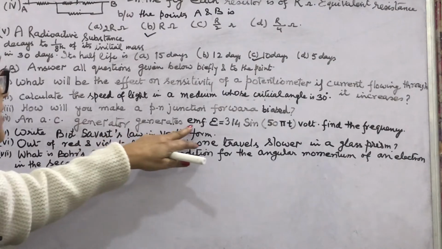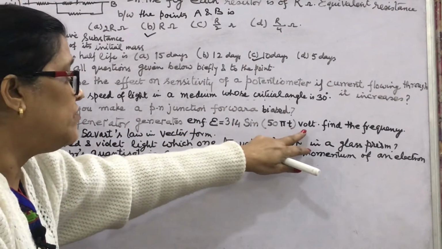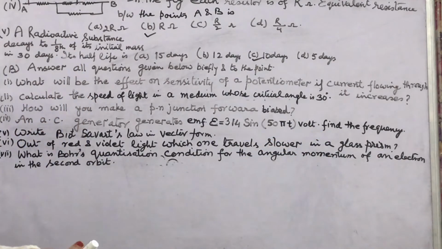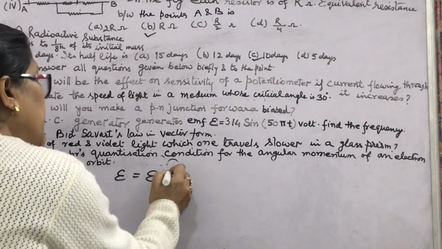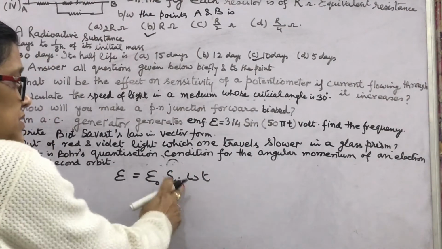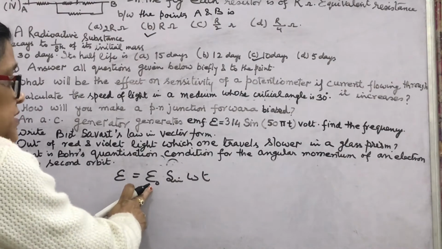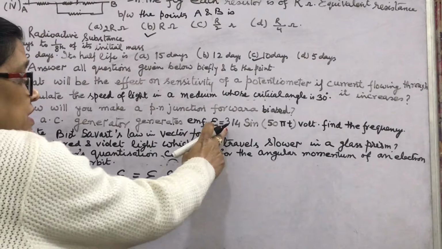An AC generator generates EMF E equal to 314 sine 50 pi t volt. Find the frequency. You should know the expression for EMF generated by an AC generator. It is given by E naught sine omega t. What is E naught? Maximum voltage. This is 314. If it is asked, you can write directly 314.